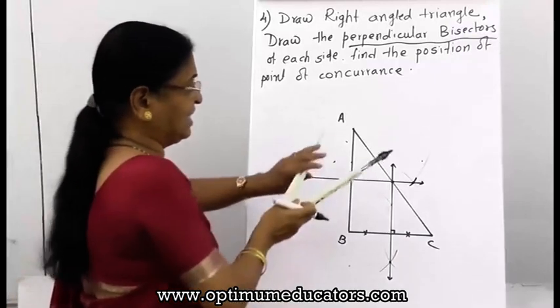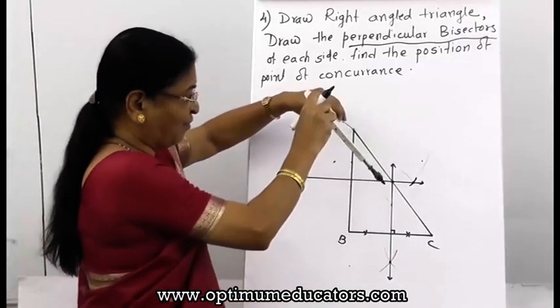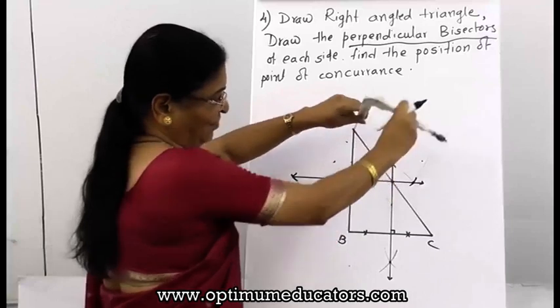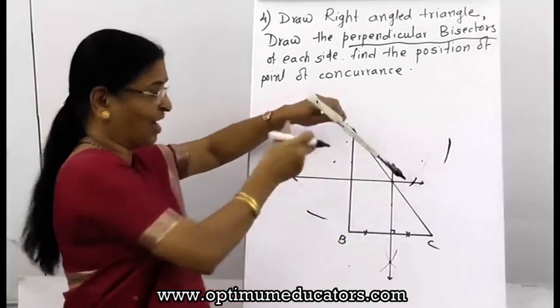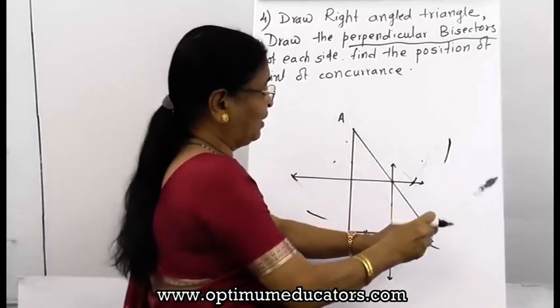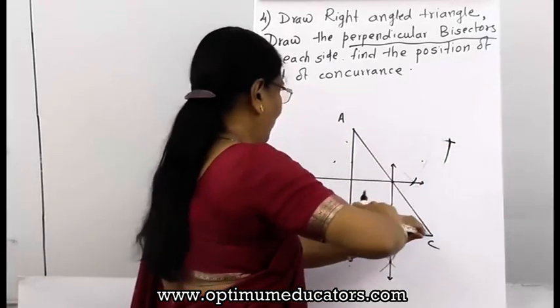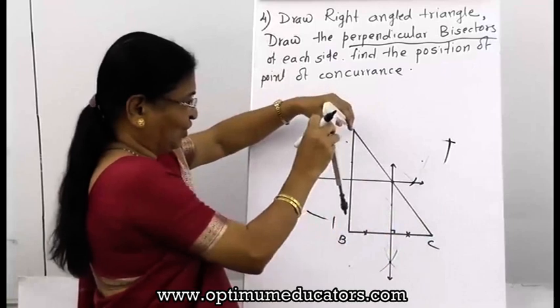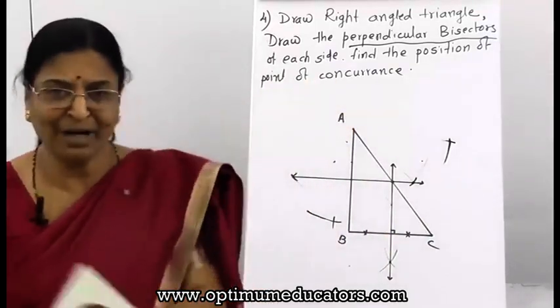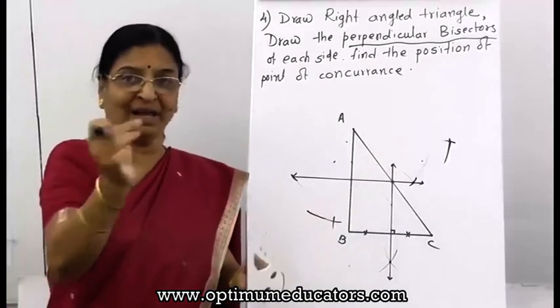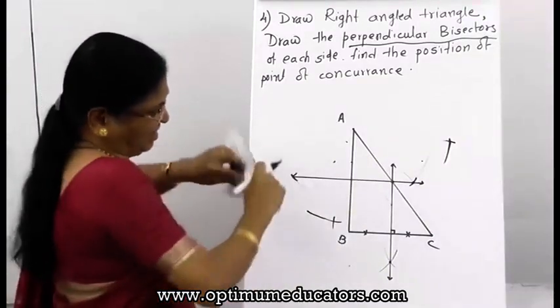See, go for AC then. Now again from A, more than half, mark one pair of arcs on either side with the same C on the different side. See here, it is not extending, so you have to increase it. Sometimes we may make a mistake by a short distance.